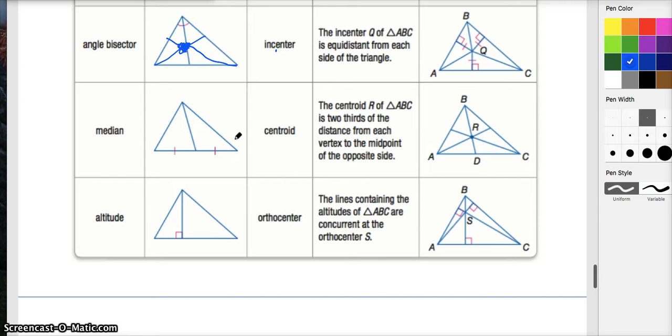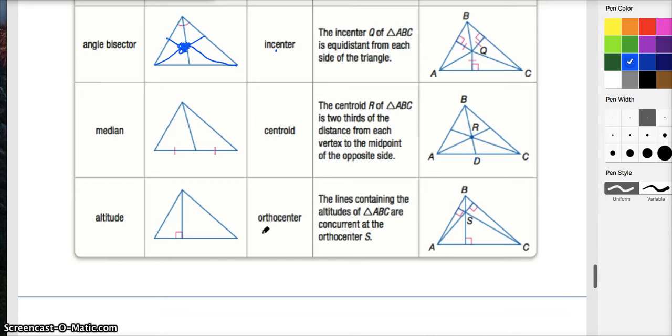The medians meet in a point called the centroid, and the centroid has that 2/3 property where BR is going to be 2/3 of BD, or we can say RD is 1/3 of BD, and that's the same for all of these. So the shorter side is going to be 1/3 of the whole thing, and the longer side is going to be 2/3.